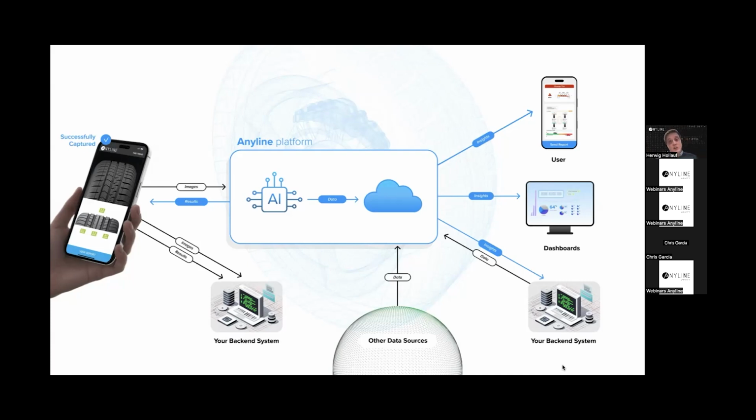You can enrich your dashboards to immediately see the health status of the vehicle and the tires. And you can also, of course, add any other additional data sources from your existing system. This would be basically how the Anyline technology is built up in the background.